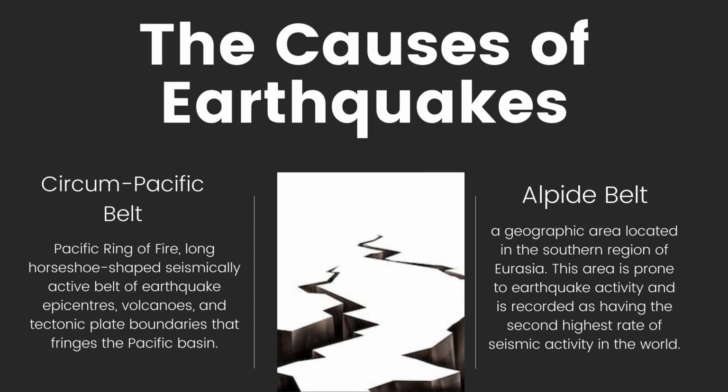And the second cause of earthquakes is the Alpine belt. This Alpine belt is a geographic area located in the southern region of Eurasia. This area is prone to earthquake activity and is recorded as having the second highest rate of seismic activity in the world. There, it is very prone; almost every day an earthquake happens.